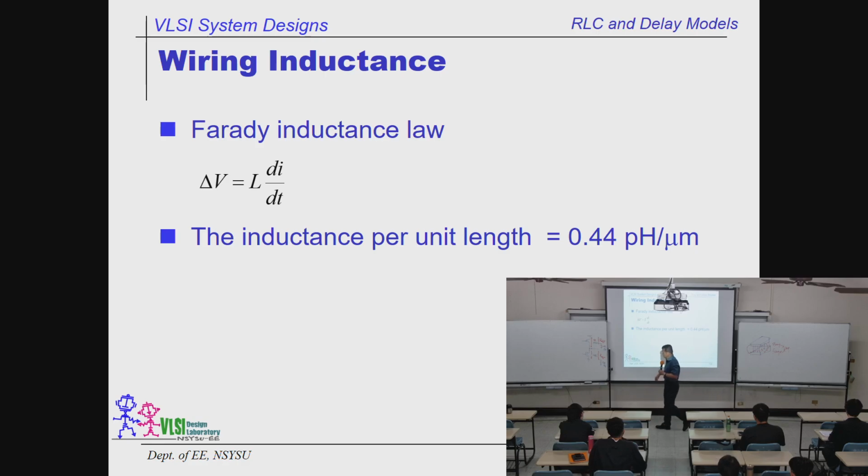But there is something very scary for your chip. It's called the ground bounce. What is that? This is your chip, and you have a lot of pads over here.